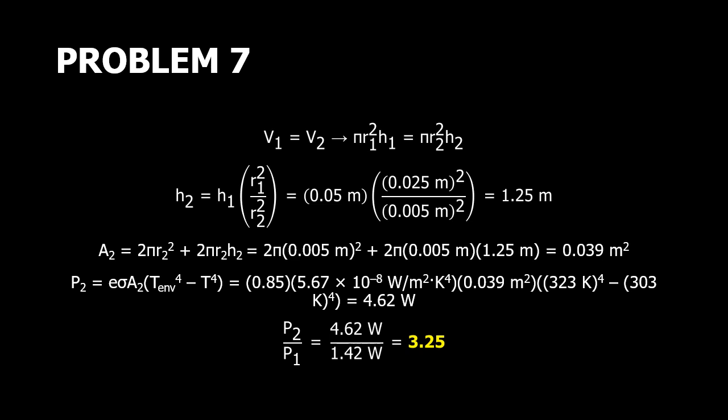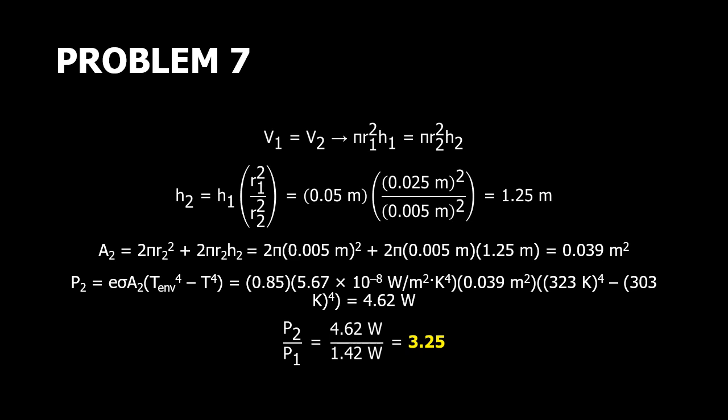As you recall in the previous slide, we used the formula 2 pi r squared plus 2 pi rh. For the second height, h2 is equal to h1 multiplied by r1 squared over r2 squared. This comes from the equal volumes of the cylinders.